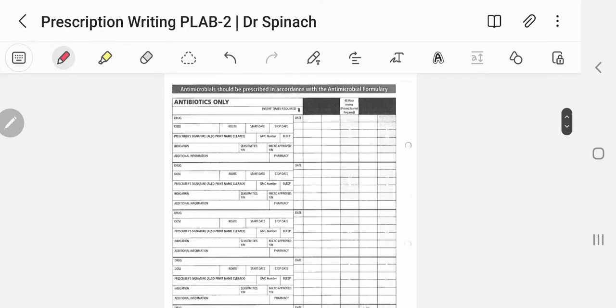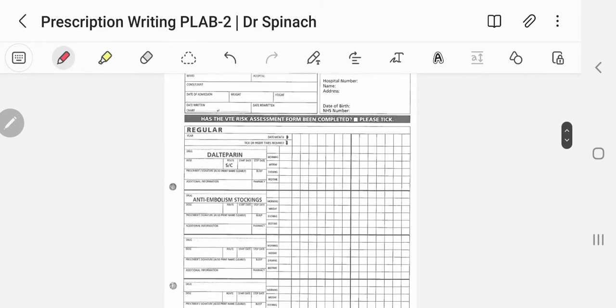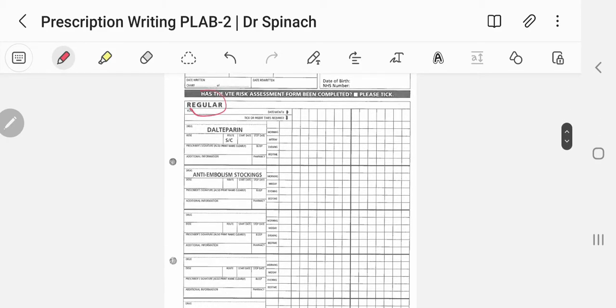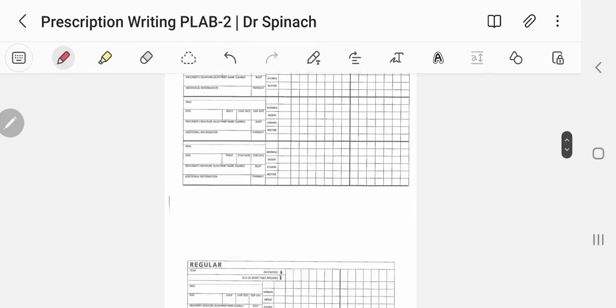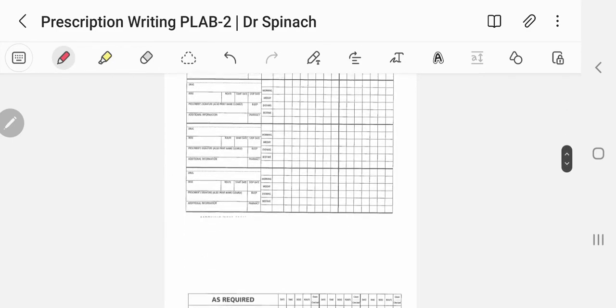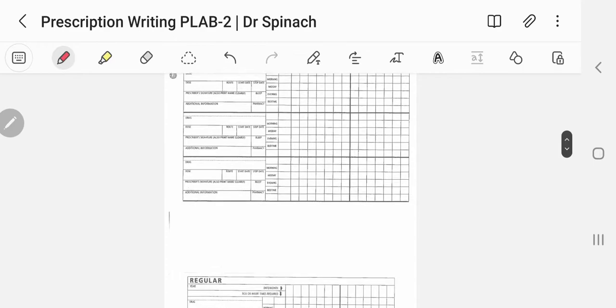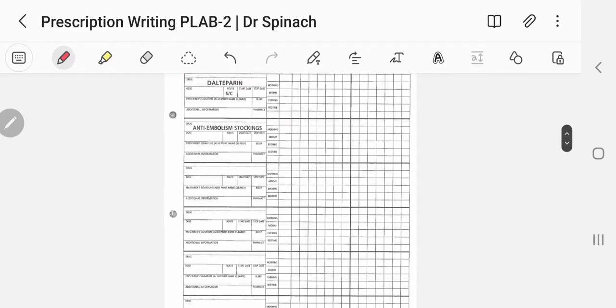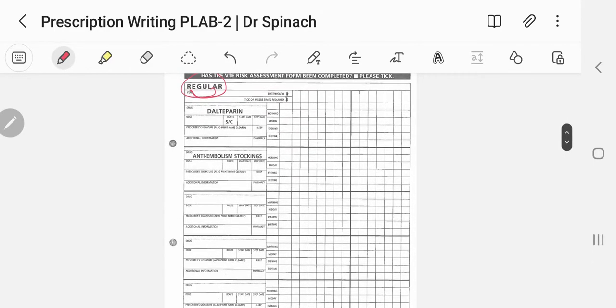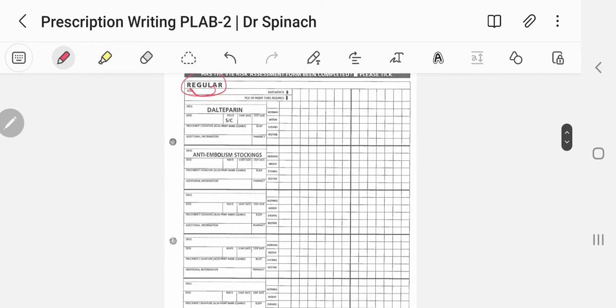Moving on, you have antibiotics in the second page. Then you have regular drug prescriptions. They have given 2 pages of regular drug prescriptions, because you have quite a lot of regular drugs. These are the ones that are taken consistently by the patient.